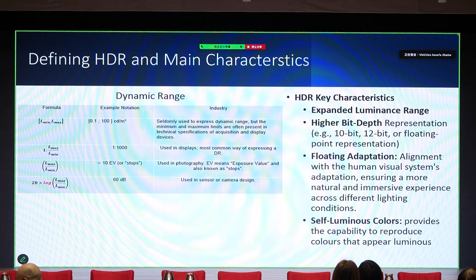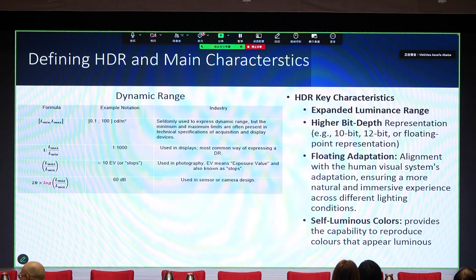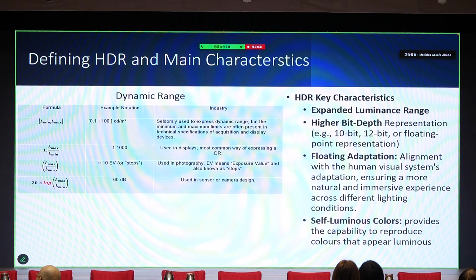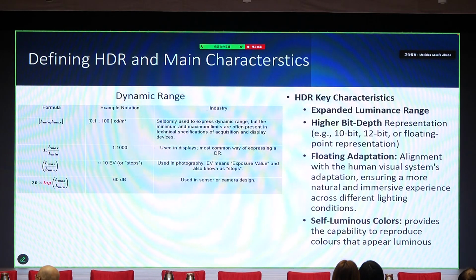If you remember, Timo's presentation today had a lot of scenes with a lot of emissive contents in the HDR example images he was showing. Those are self-luminous colors. Even in HDR displays, you can really see the distinction when you have only diffuse contents and when you have self-luminous contents. The HDR aspect of it is more apparent when you have that type of content.